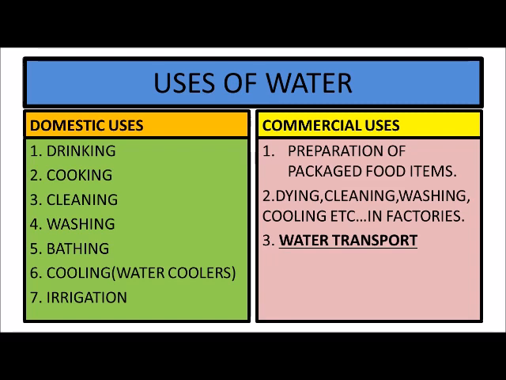In different types of factories at different levels, water is used for different purposes. And last but not the least, it is used for water transport. As you all know, more than 70% of our Earth's surface is covered with water. So, water transport is one of the important uses of water.